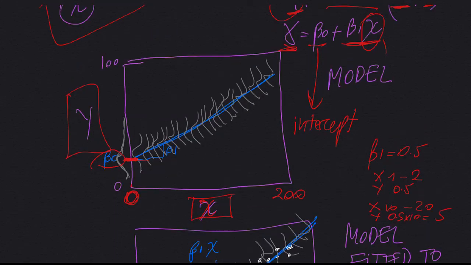And the value we expect for y then is given by this blue line and an infinite number of normal distributions with mean in the values indicated by the blue line.